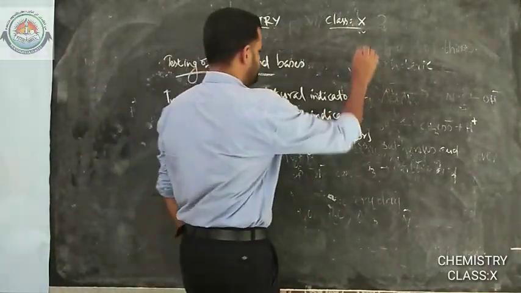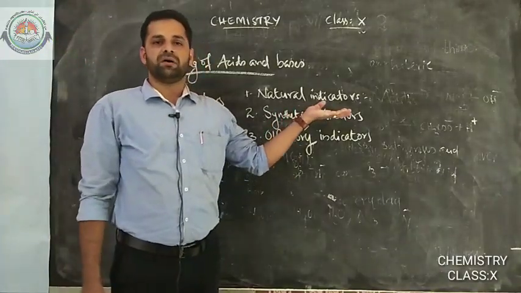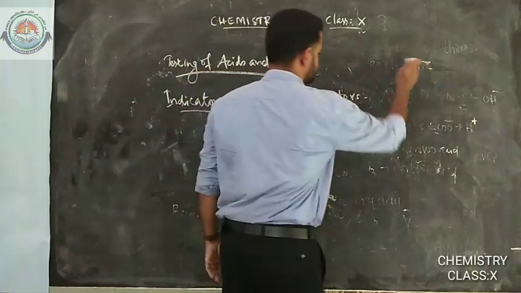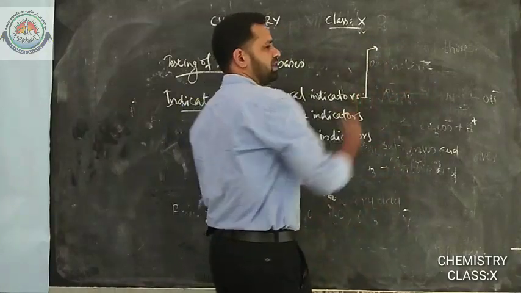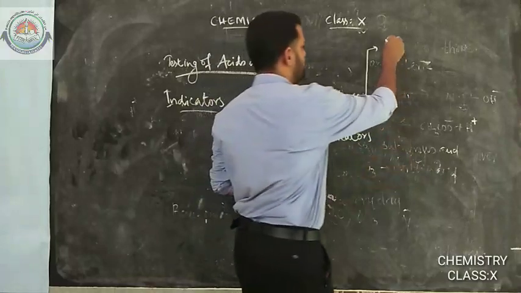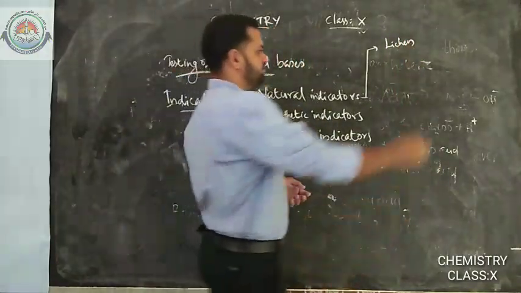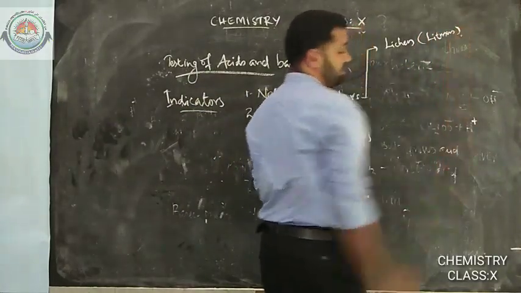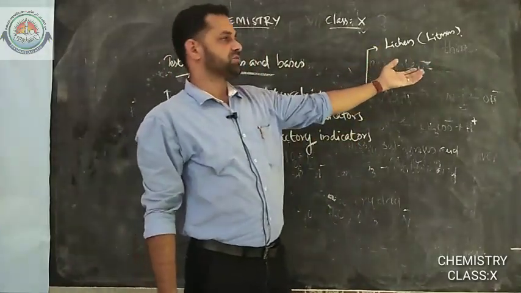Here, natural indicators are the indicators which are present in nature, that is, they are obtained from plants, which you have already studied in your lower classes. One is litmus solution, which is prepared from lichen plants. Nowadays litmus papers are also there.